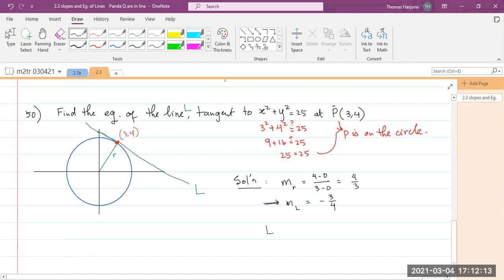Now then the equation of line L will be y equals negative 3/4 x plus a constant. Now it passes through the point (3, 4), so (3, 4) must satisfy that equation, and I use that to find my b.